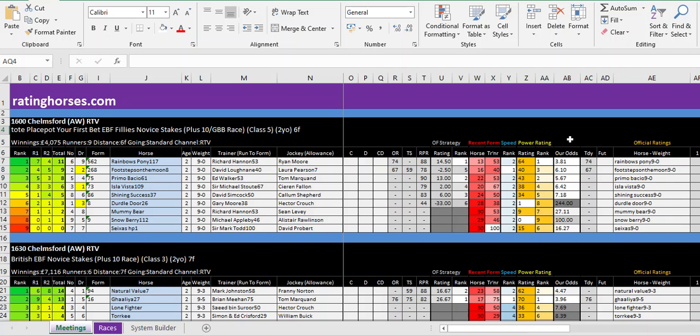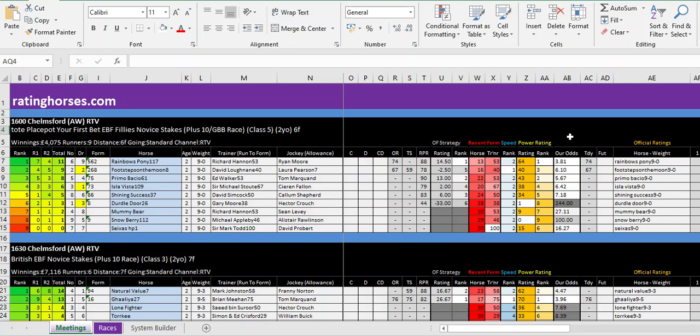The next column is our odds. Now, the only way to win over the long term is to find value and an edge on the bookmaker. The our odds column produces odds we feel reflect value for each horse in each race.